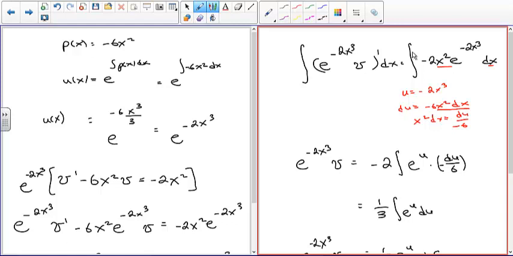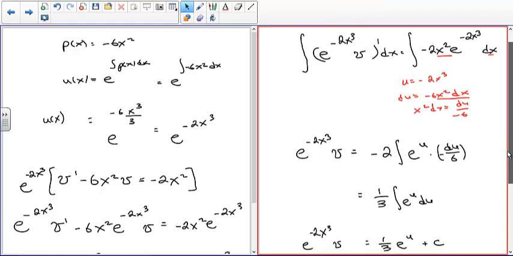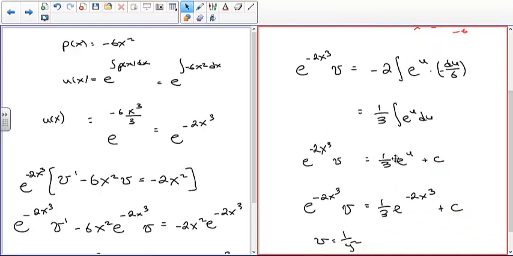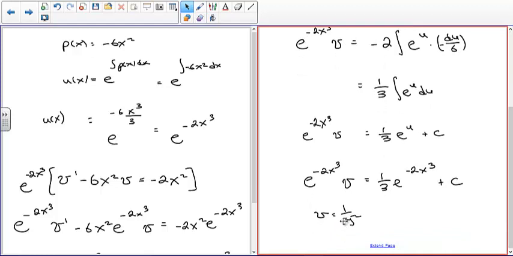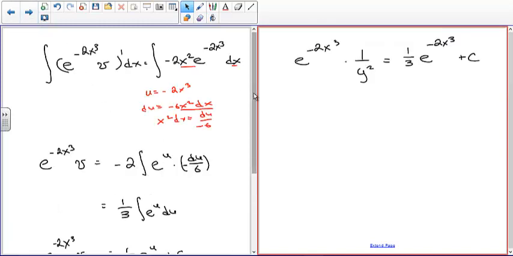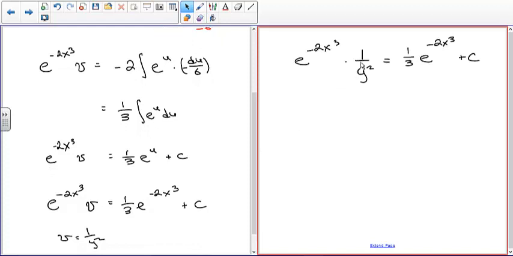I ended up with the solution in terms of v and x here. But what I really need is to get in terms of y and x. So I go back to my original substitution and make that substitution for v, and now I get my final answer. Okay, so that's kind of how it works.